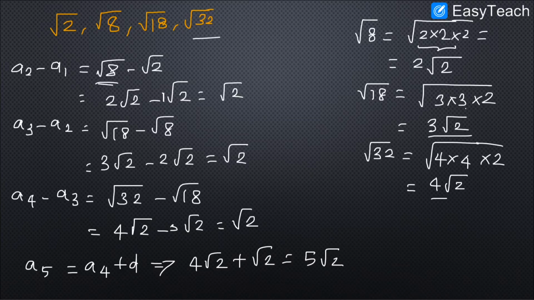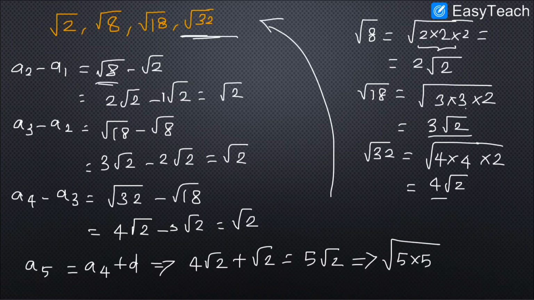Either you can simply write 5 root 2, or to make it in the same format as the whole bigger number, let's bring the 5 inside. So 5 into 5 into 2, 5 5s are 25, root 50.